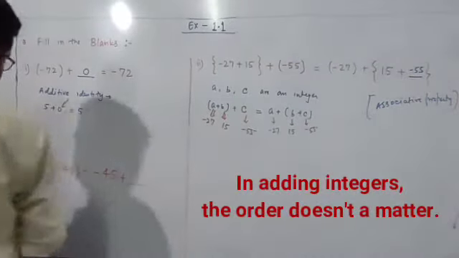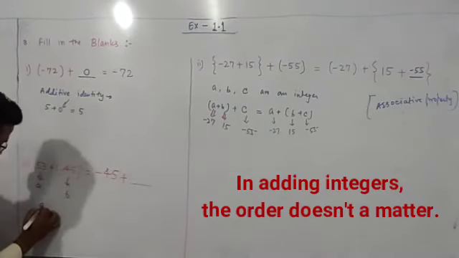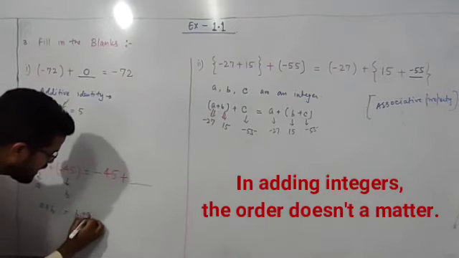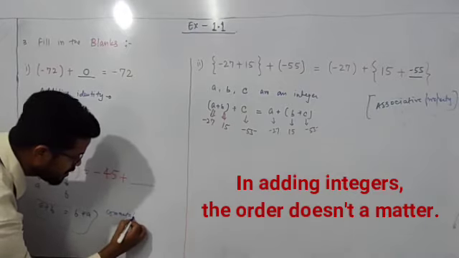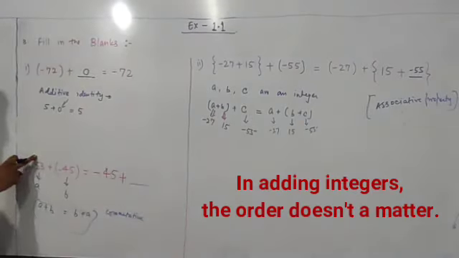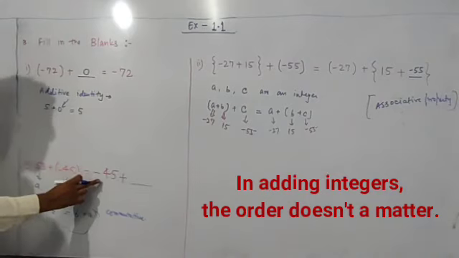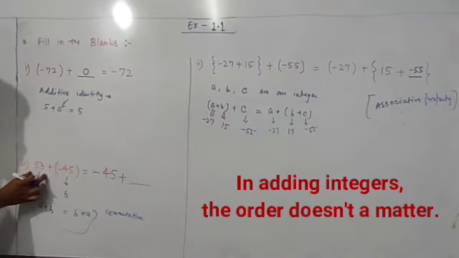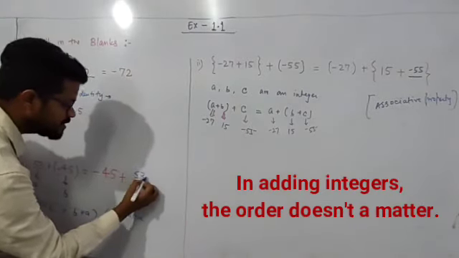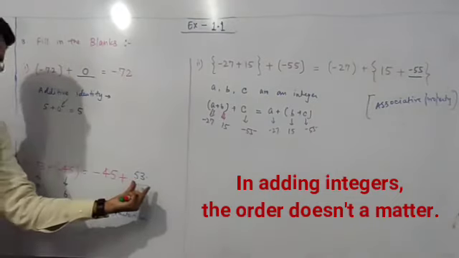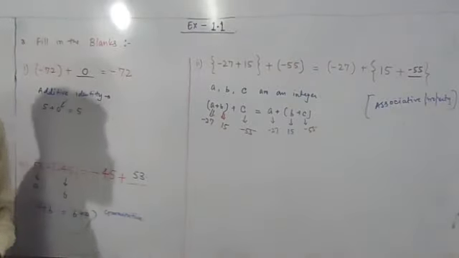So if we take this value as A and this value as B, A plus B is equal to B plus A, according to the commutative property. Here 53 plus minus 45. If we change the order of these two numbers, minus 45 comes in first place and 53 comes in second place. So the answer is 53. So minus 45 plus 53 is equal to 53 plus minus 45, according to the commutative property.